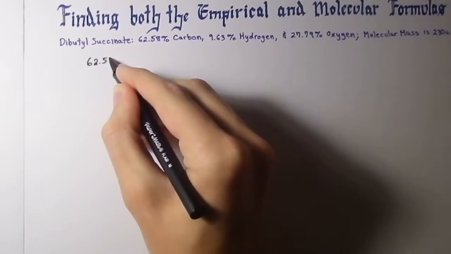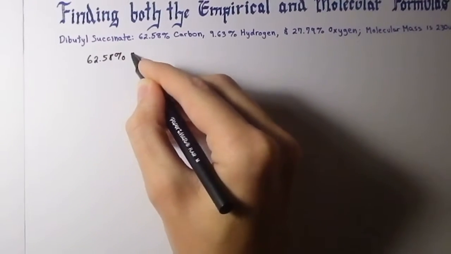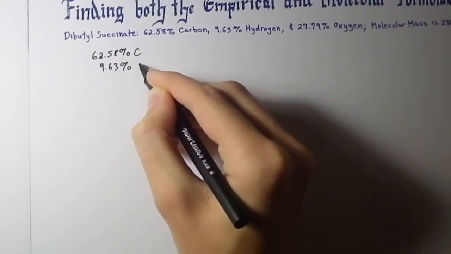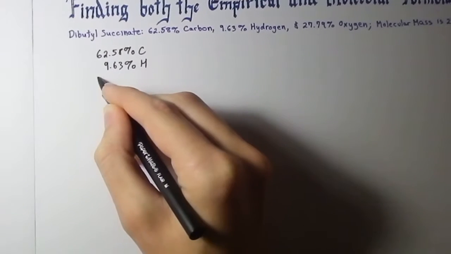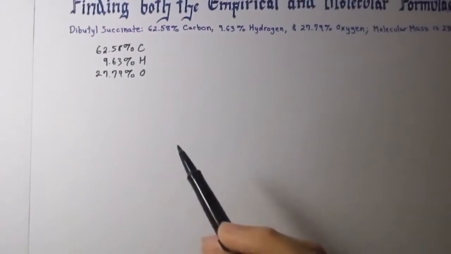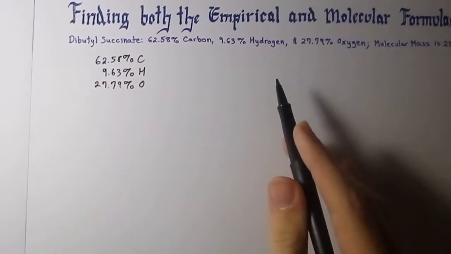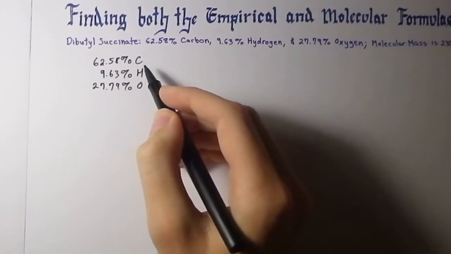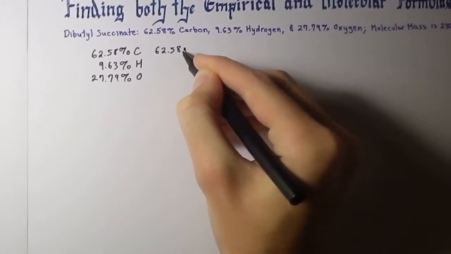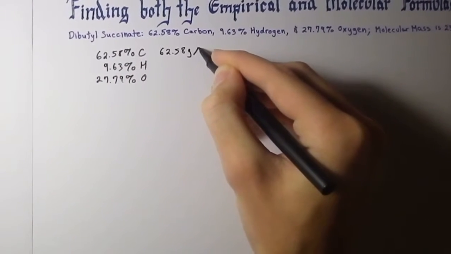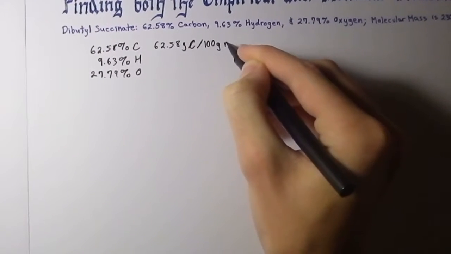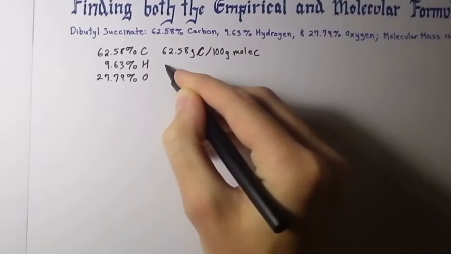You have 62.58% being carbon, 9.63% being hydrogen, and 27.79% being oxygen. So if you have 100 grams, 62.58% of it will be 62.58 grams of carbon per 100 grams of the molecule.